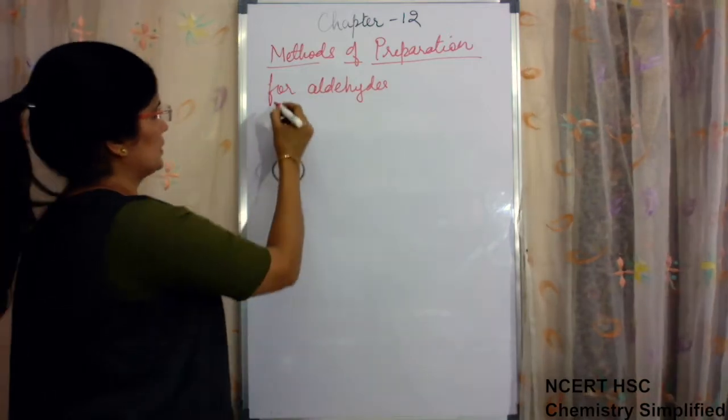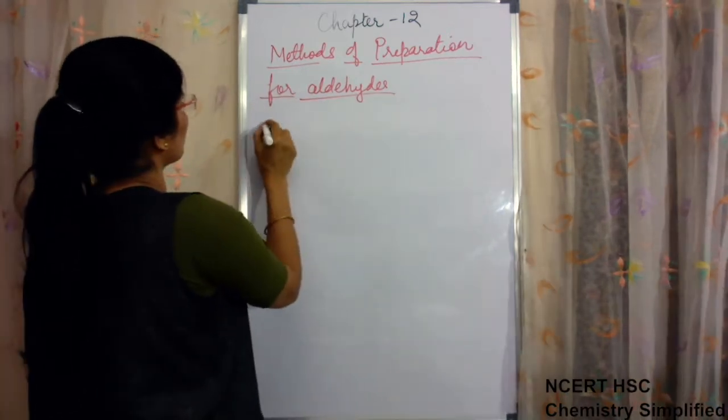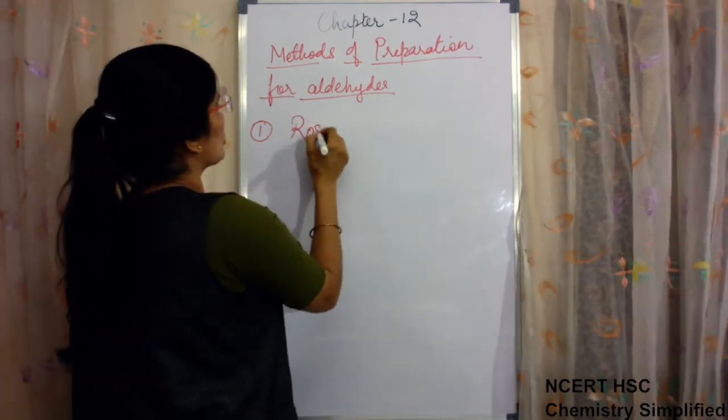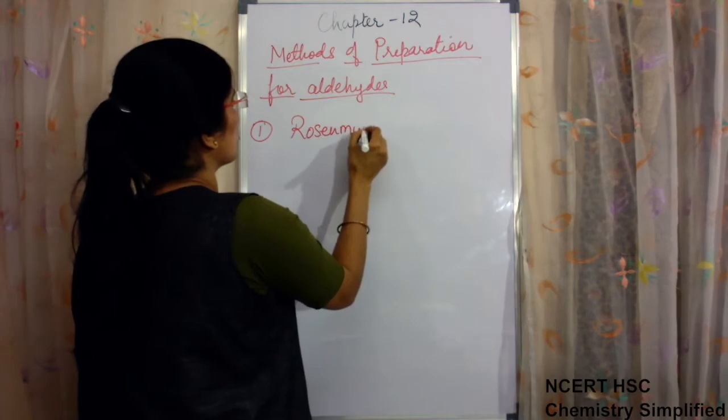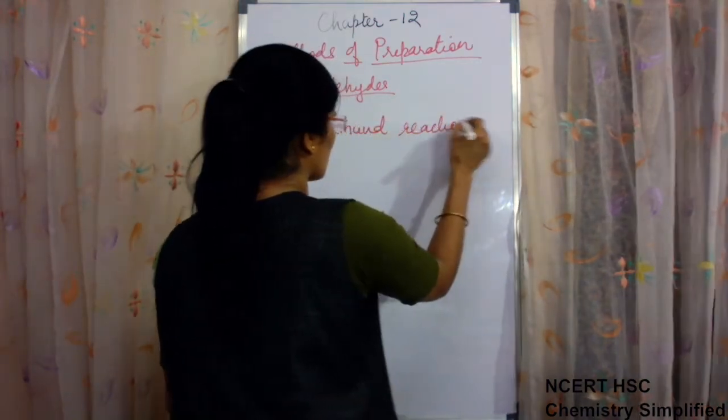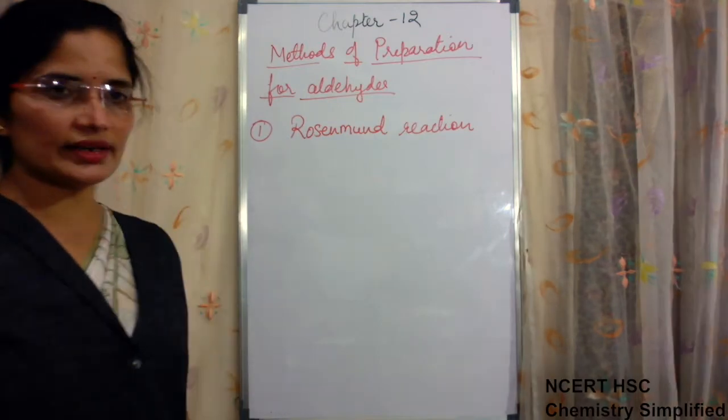In this category, the first reaction which comes is the Rosenmund reaction, or we can also call it Rosenmund reduction.